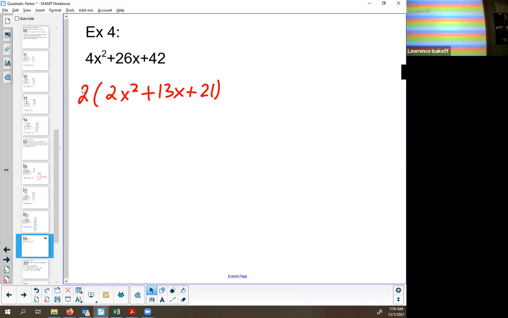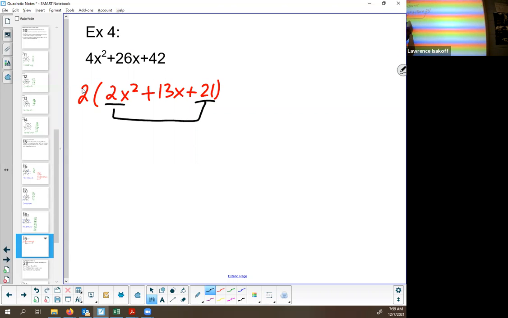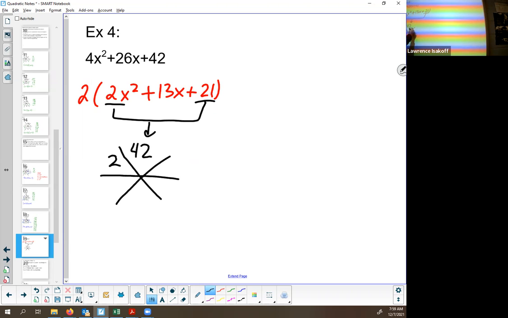Now, if I do 2 times 21, that's a much, much smaller number, right? So 2 and 21 multiply together to just give me 42.